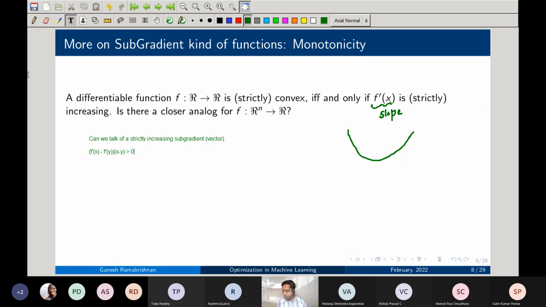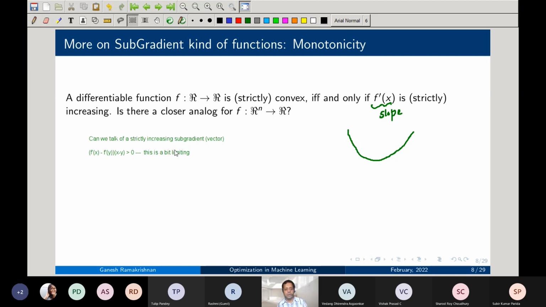But this basically means that f dash x is greater than f dash y for every component when every component of x is greater than every component of y. It's a bit limiting and doesn't make sense.